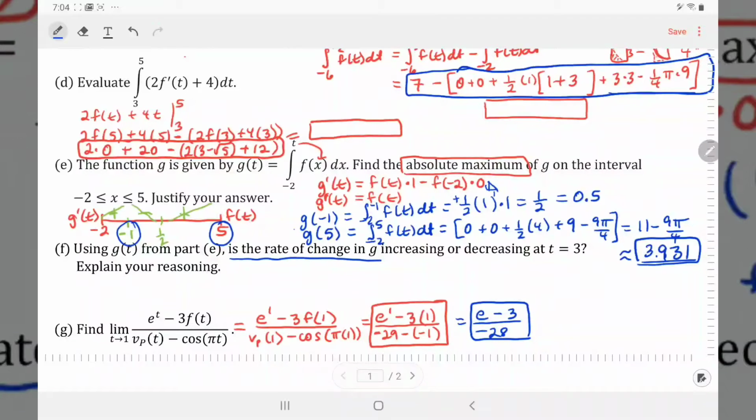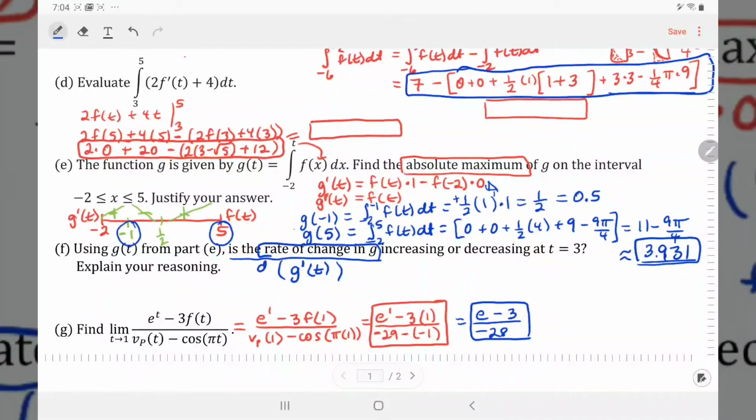So they're asking, is the derivative of g increasing or decreasing? Well, if I want to know if something is increasing or decreasing, I need to take the derivative of it.